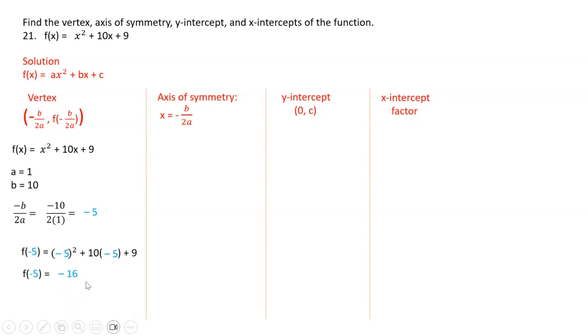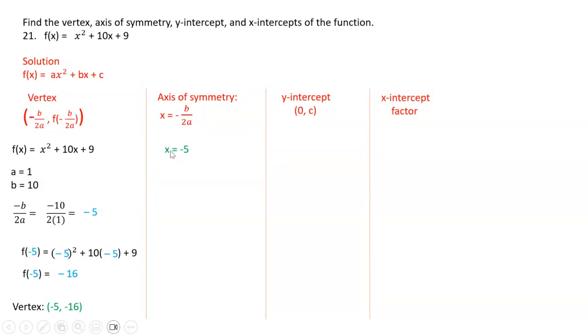This gives us negative 16, because negative 5 squared is 25, plus 10 times negative 5 gives us negative 50, plus 9. If we put that in the calculator, or do the addition and subtraction, it'll give us negative 16. So my vertex is negative 5, negative 16. That's my vertex.